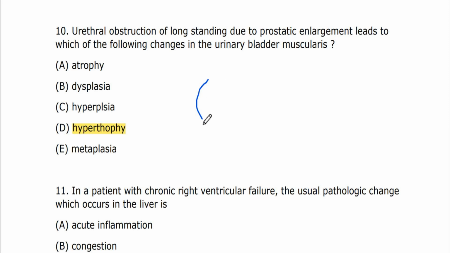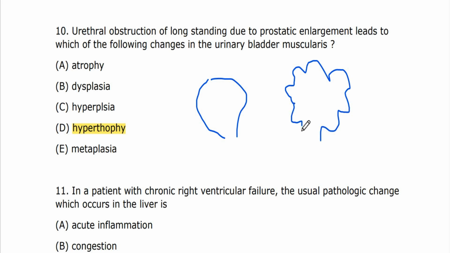So from being like this, they can become like this. They form out pockets. Forgive the diagram, but I think you get the point.